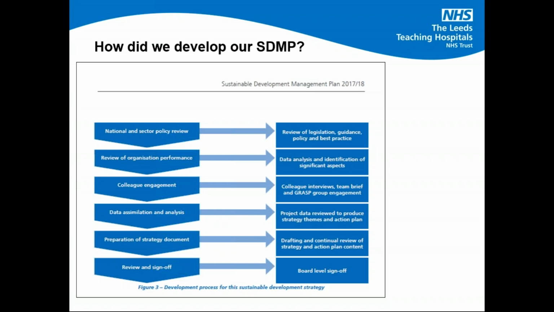But when we came into a new organisation, when we came into Leeds, we arranged interviews with a whole host of different people, key members of the staff across different organisations to understand what had already been done, what had been successful, what hadn't been successful, and to find the gap between what's been implemented and what could be implemented, and where suggested activities that we may have wouldn't necessarily mesh or fit with the current situation within the trust. Finding out what's already been done is very important as well.